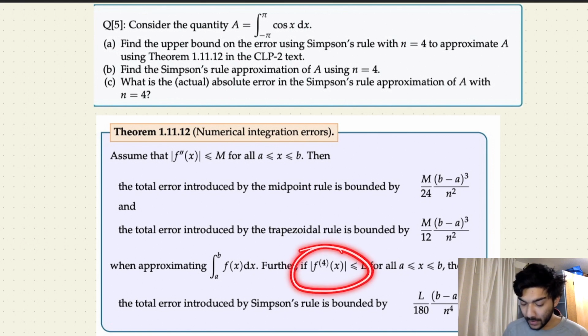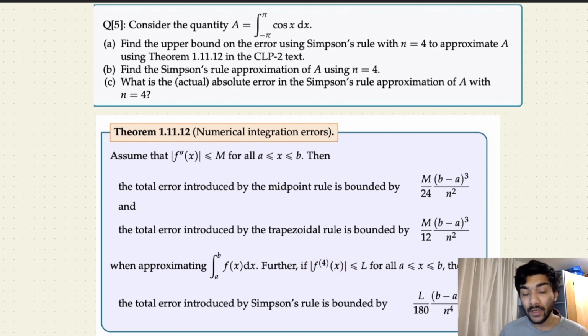If you want to calculate L, L will be a reasonable maximum value of the fourth derivative of f(x), indeed the absolute value of the fourth derivative. If you have not watched my previous videos on calculations of L and M, I highly suggest you first watch those videos in order to get the full idea about this error approximation question.